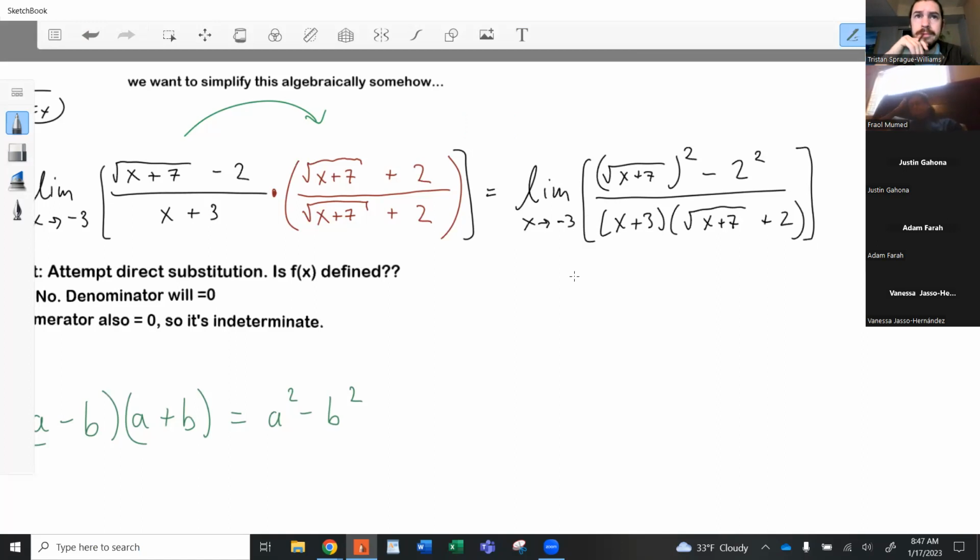Are you counting x plus 3 as just one term? One factor. So you're not multiplying x times the square root of x plus 7. That's right. I'm not FOILing it. Okay.